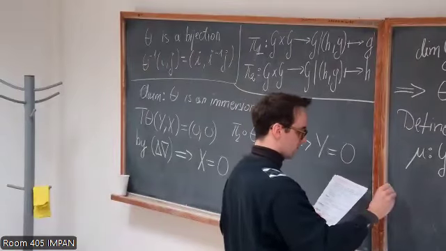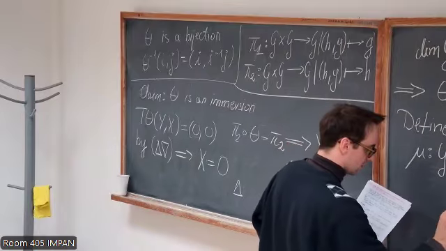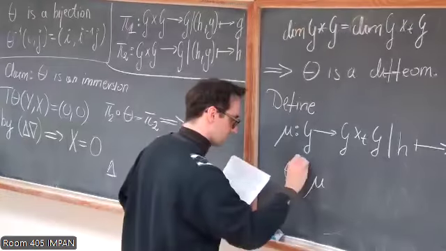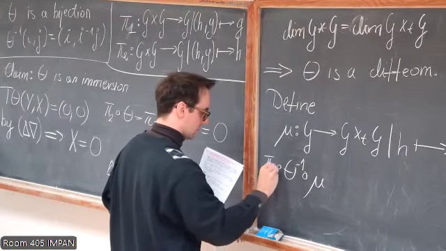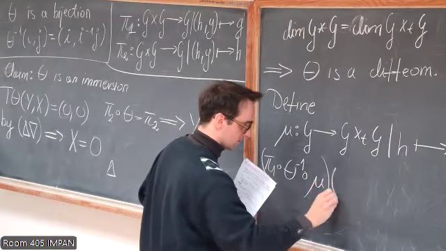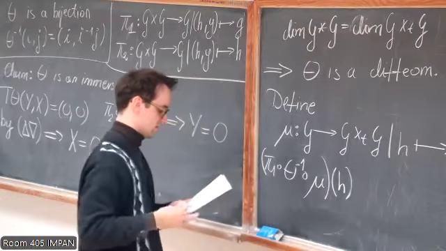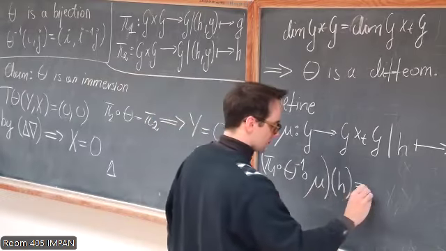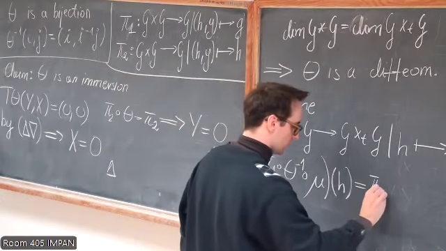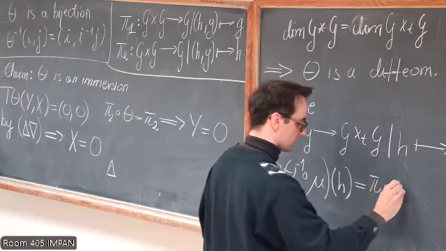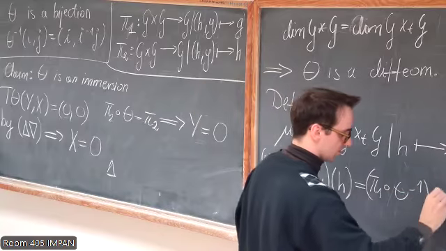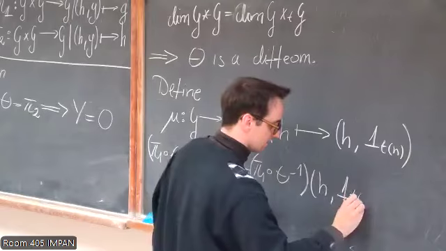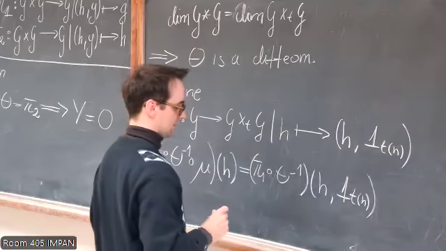Then the composition of theta minus 1 with mu on h is, by definition, theta minus 1 on (h, identity of the target of h).